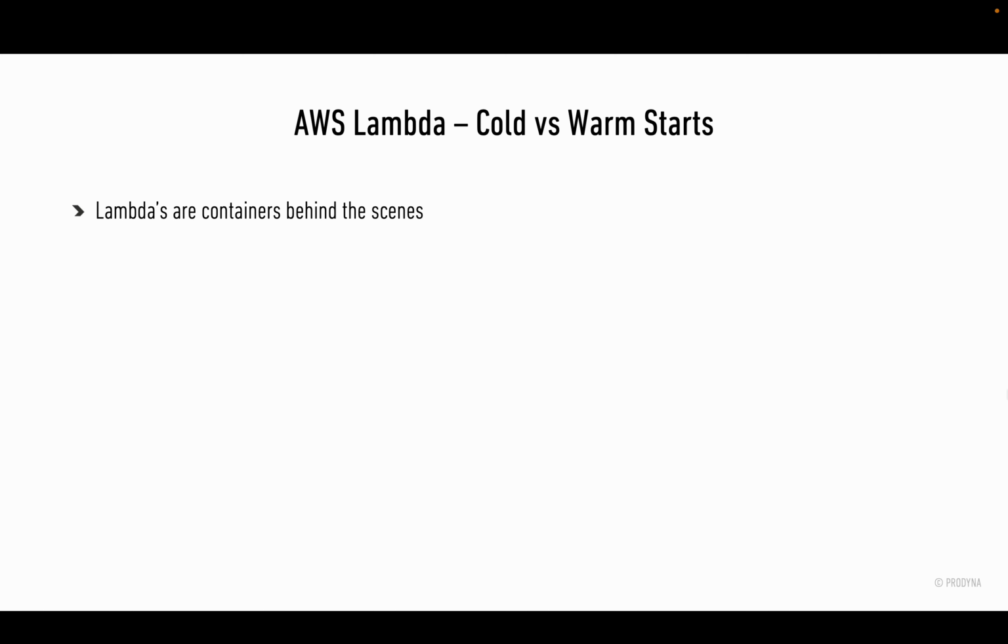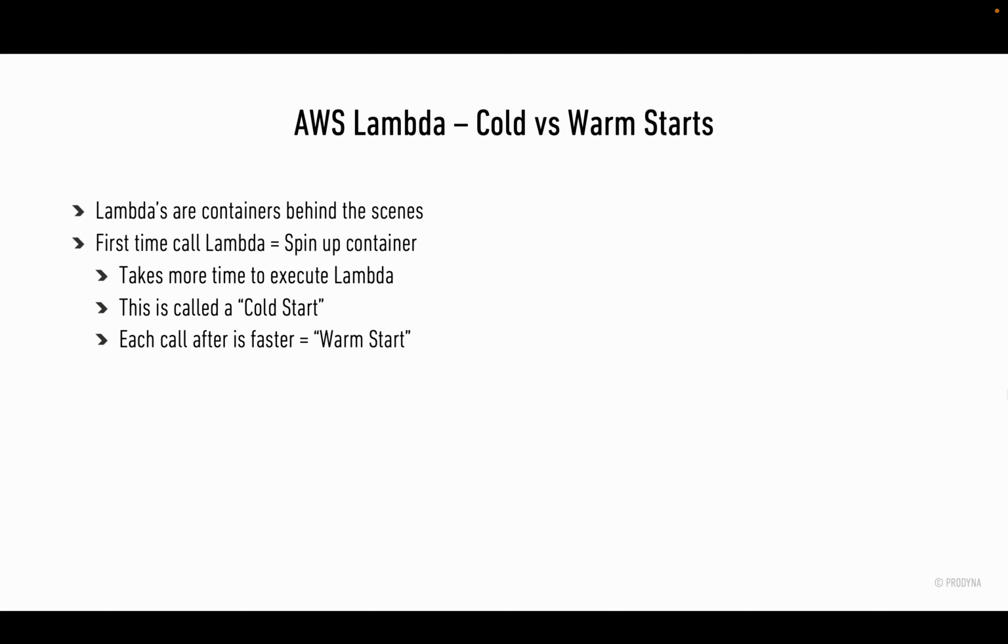Cold start versus warm start. Lambdas are containers behind the scenes. And first time when you call a Lambda function, this container will spin up. And this takes more time for the execution of the Lambda function. This is called a cold start. And each call after that is a warm start and much faster.